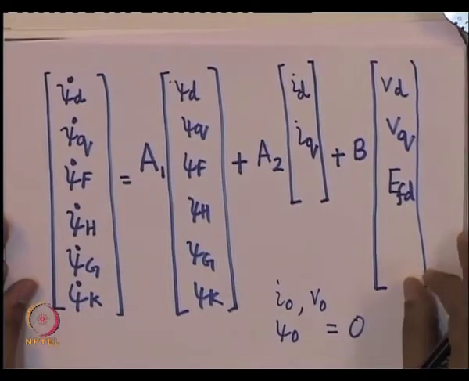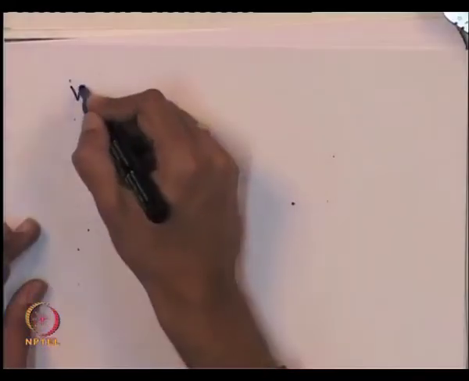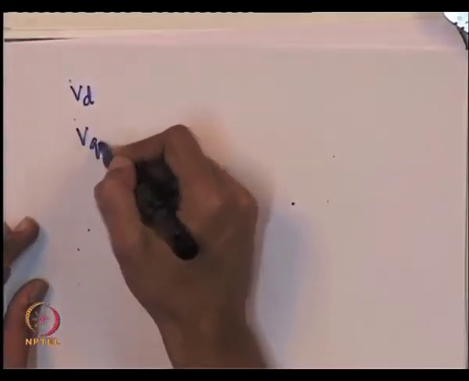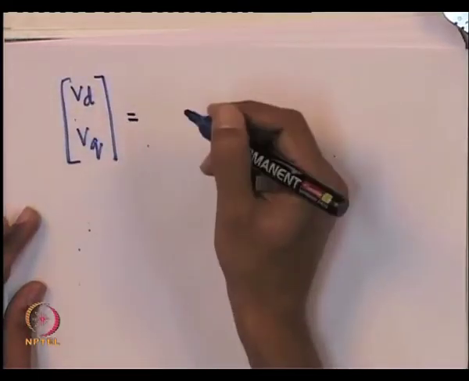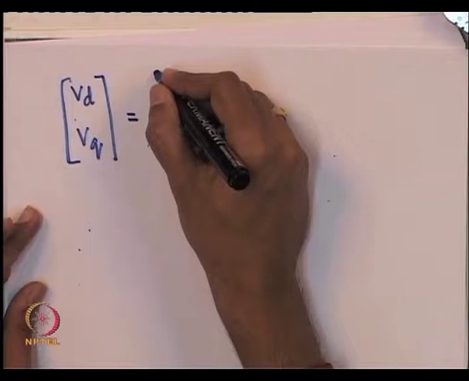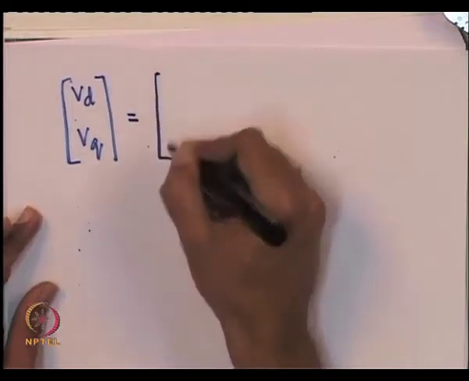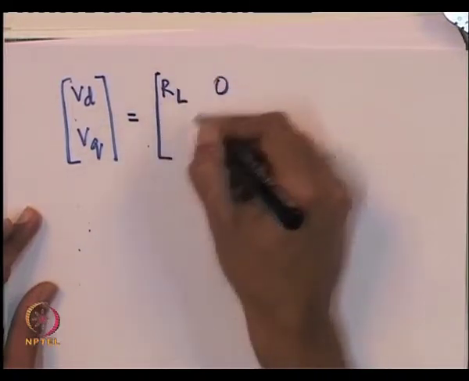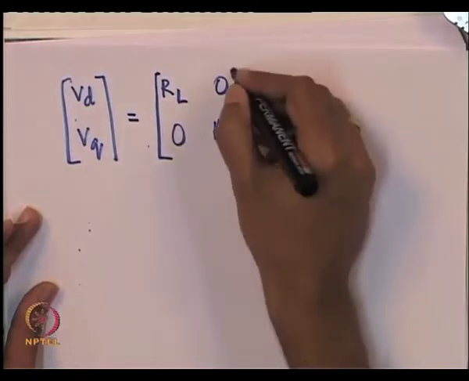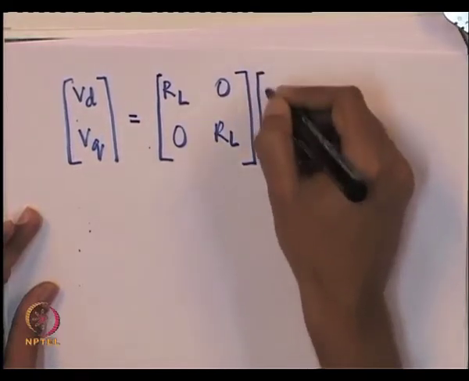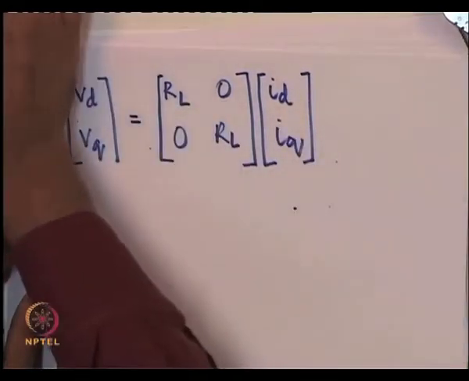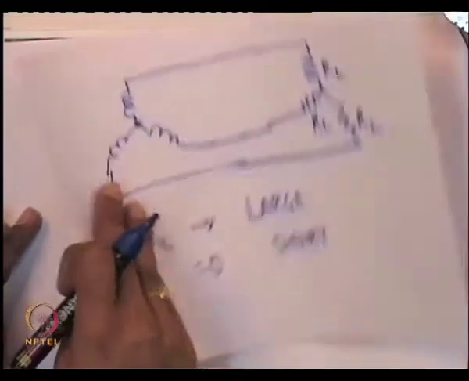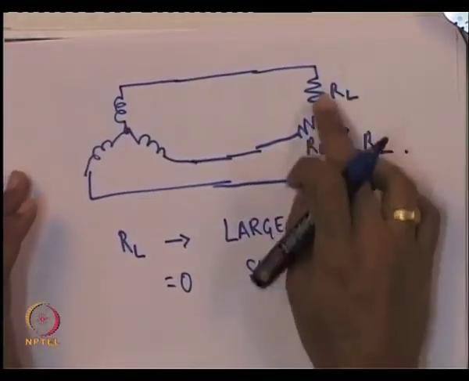Now, remember here that Vd, Vq, since I have connected a resistance, is nothing but RL 0, 0 RL, a star connected resistance is there here.